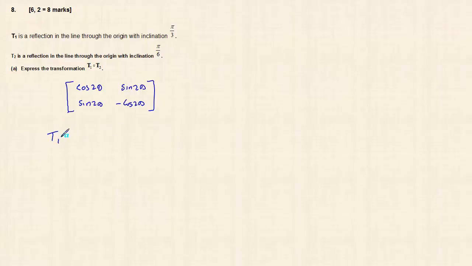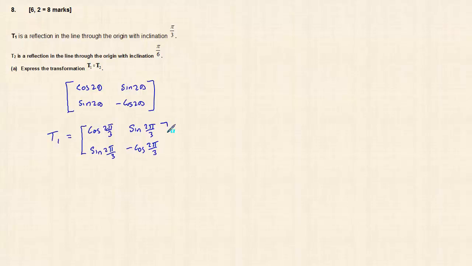So T1 is going to be cos 2 pi by 3, sine 2 pi by 3, sine 2 pi by 3, negative cos 2 pi by 3.